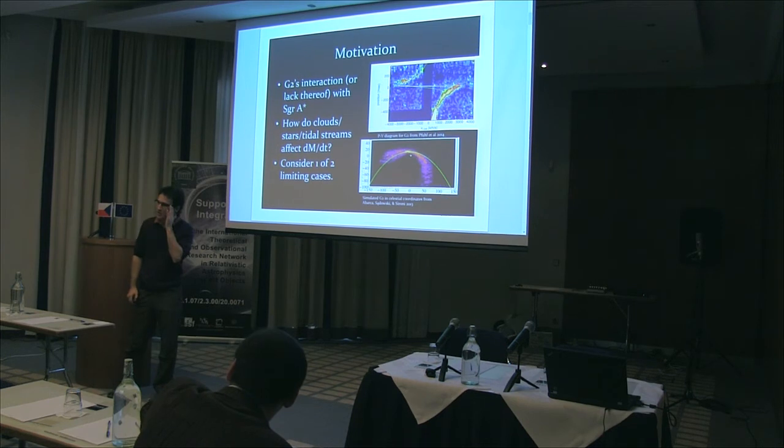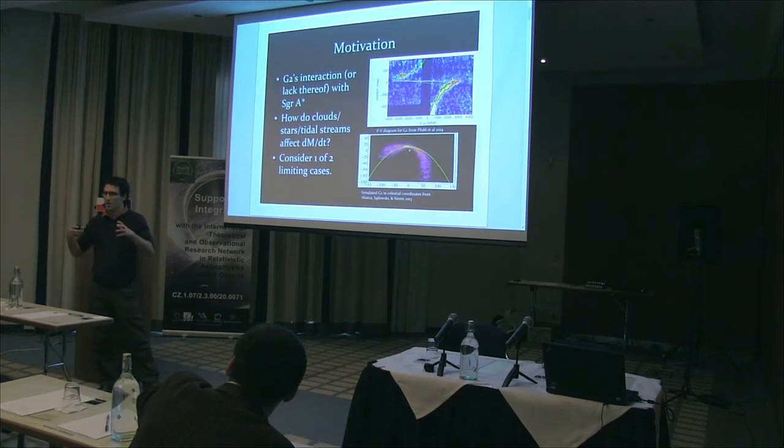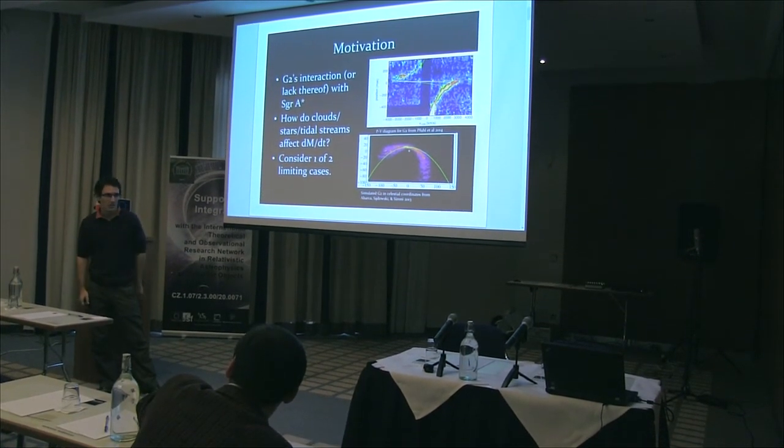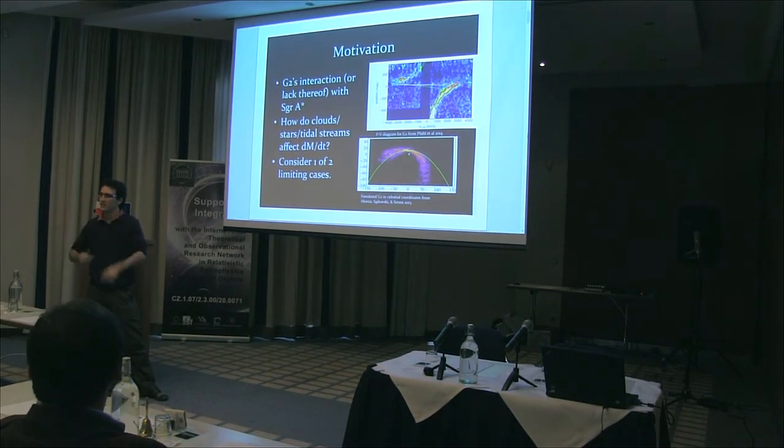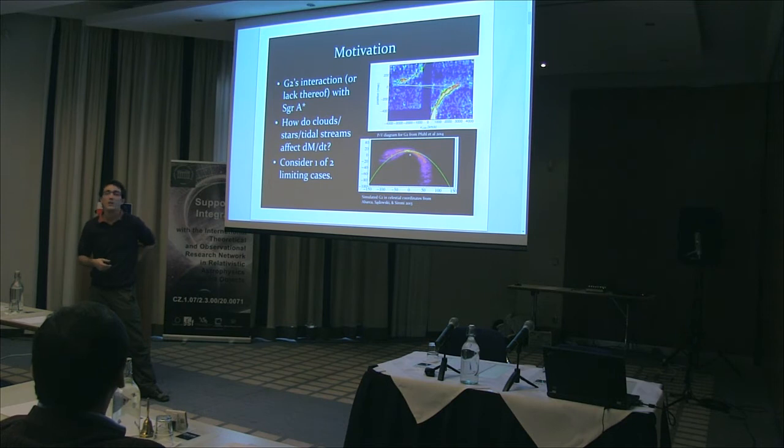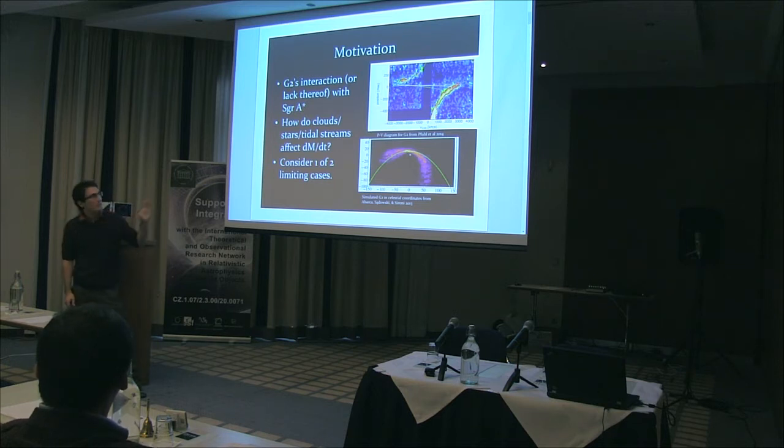If you haven't heard of the G2 cloud, it's a large cloud of gas, or possibly a star with a stellar wind, or even more recently, a tidal stream from a tidal disruption event, or something of the sort. And the idea is, what is this gas cloud going to do that will affect the accretion rate of Sagittarius A star? Because ultimately you're interested in observables.